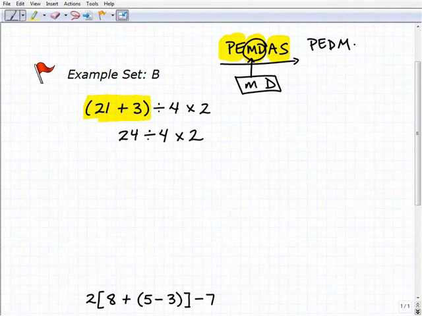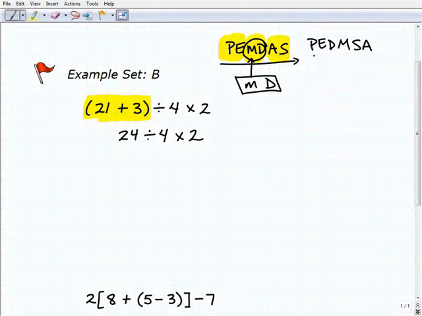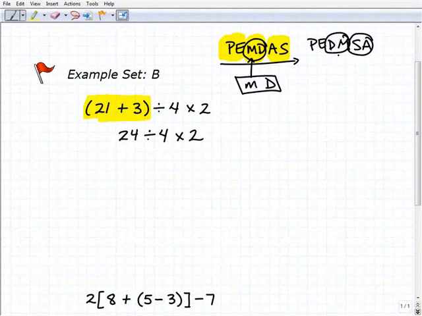I'm just switching the D and the M, and I'll also do the same thing with the S and the A here. So, boy, I won't even try to attempt to say that phrase. But it just goes to the point that multiplication, division, or division, multiplication is whatever you see from left to right. So in this case, we see the division first.